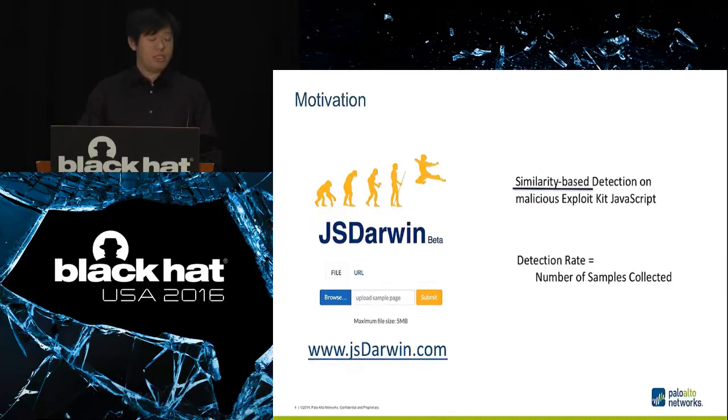The detection rate depends on the number of samples collected. However, exploit kits may apply various techniques to prevent researchers and engineers from getting a large sample set. So we want to rebuild the obfuscator, which can eventually be used to build a large sample set.